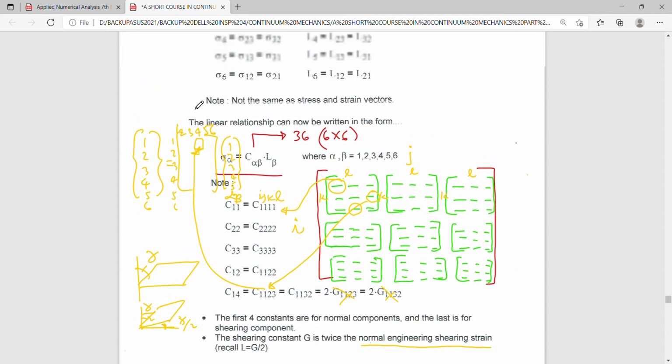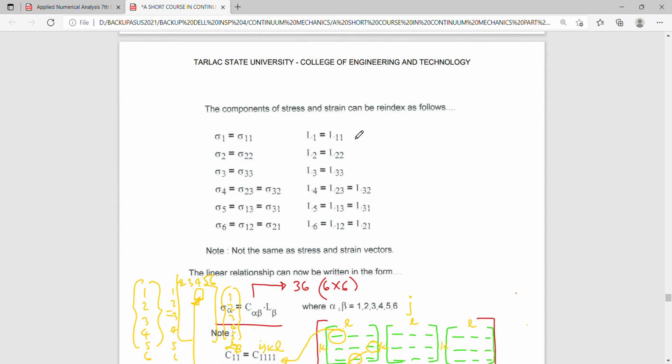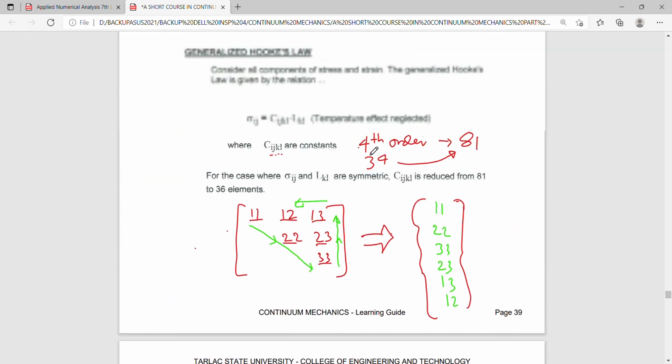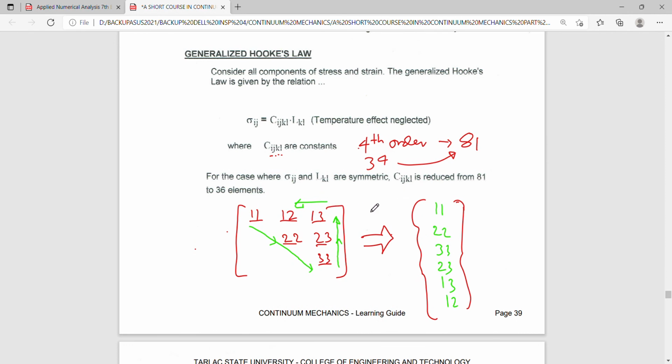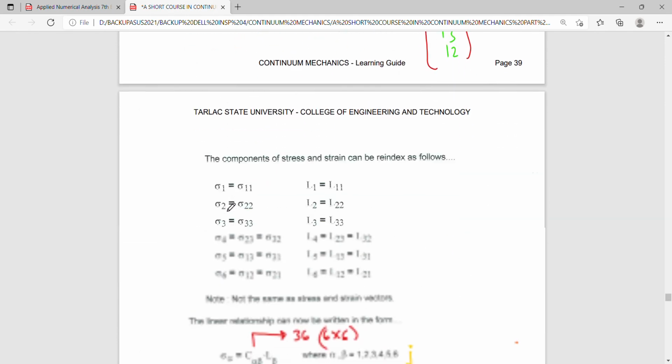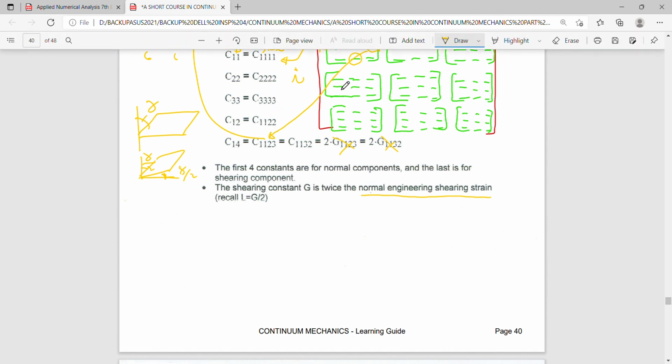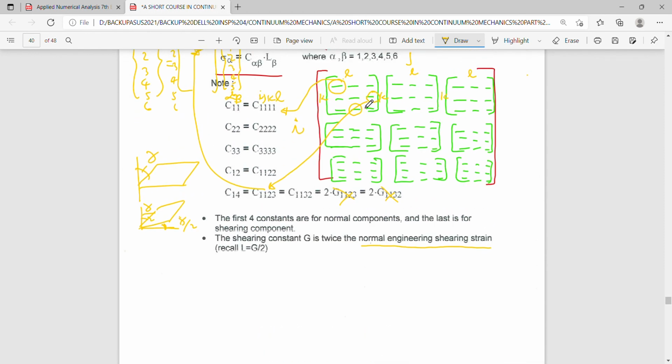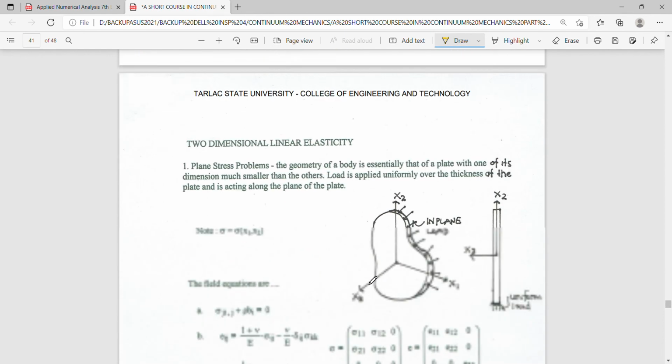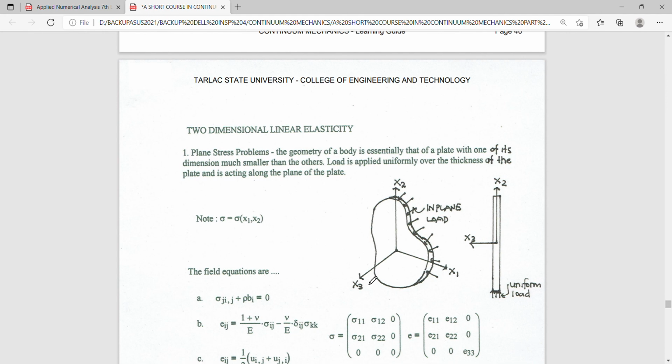Kasi meron ka ng conversion, reindexing from a C_IJKL of 81 elements to a C alpha beta of 36 elements. Okay, the first 4 constants are for normal components. Ayan. Normal components kasi mapapansin mo, nandun siya sa diagonal. Nasa diagonal pag normal. Pag nakakita kang off-diagonal term, shear ito. These are for the shear components. Okay, so that's it for an introduction on the elasticity concept.